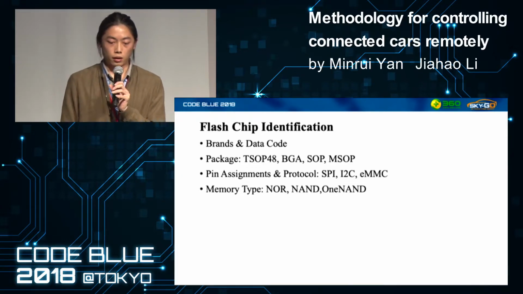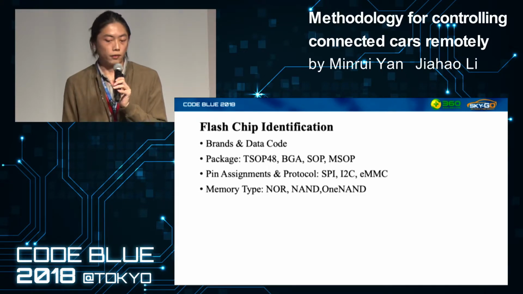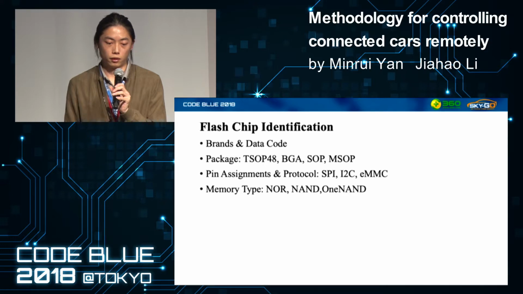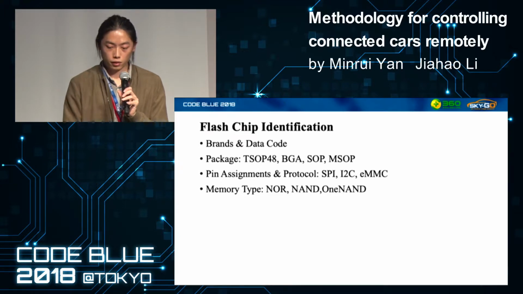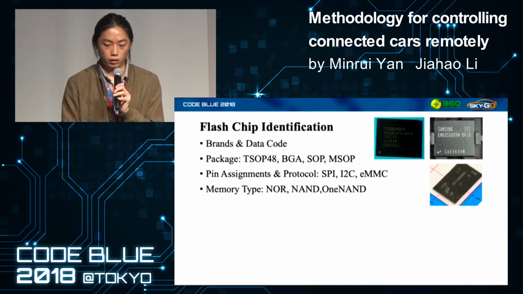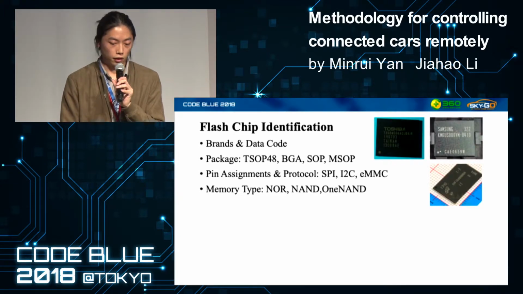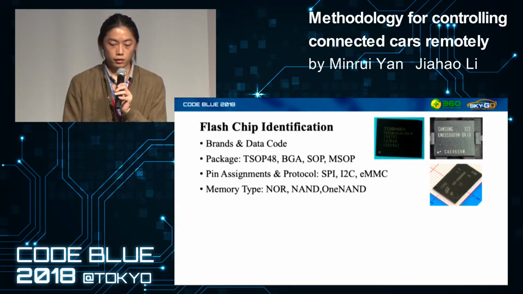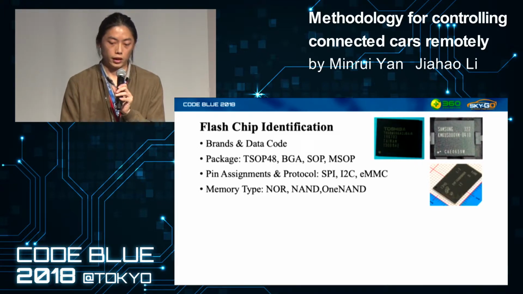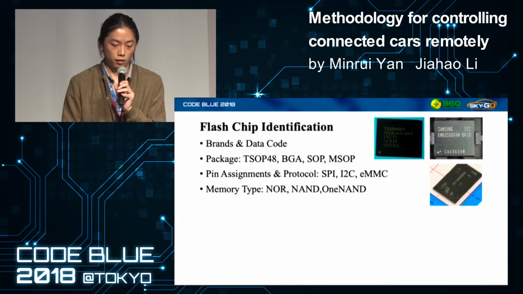It's common that automakers put firmware into flash ROM. The flash ROM stores important data, while dumping the firmware from flash ROM is the first stage. Check the brand and date code on the IC, and then we can Google the datasheet for the IC.